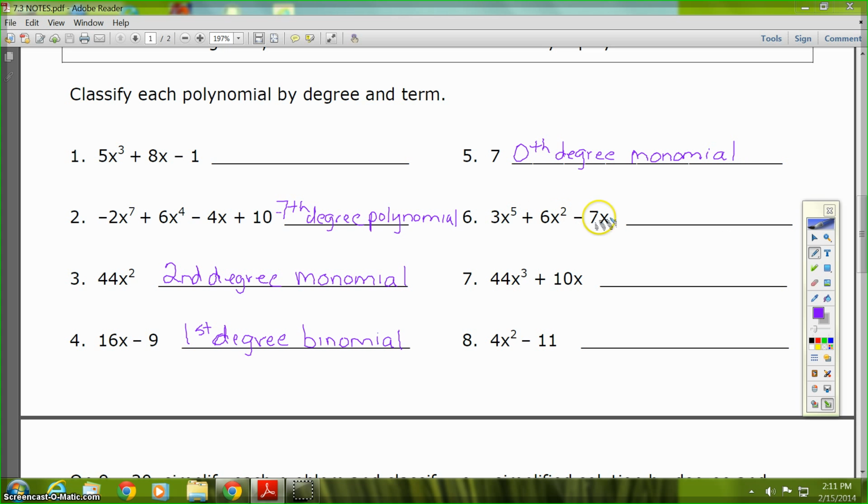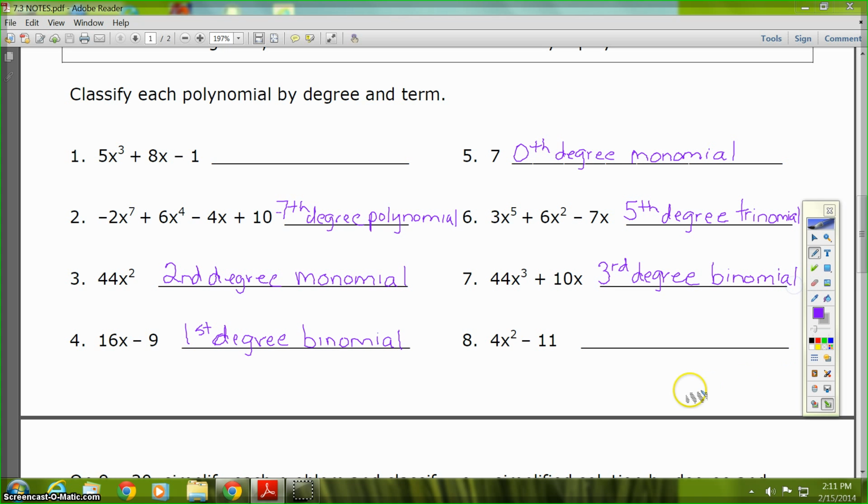Biggest exponent for my degree is going to be 5, so this is a 5th degree. And I have 1, 2, 3 terms, making it a trinomial. Number 7, my biggest exponent is 3, making it a 3rd degree. And then I have 2 terms, binomial.